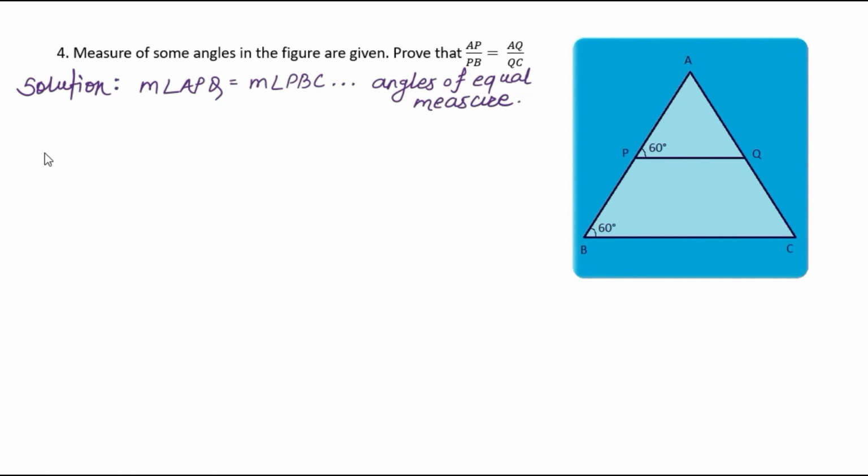Now, segment PQ is parallel to side BC. So why I am writing this? It is according to corresponding angle test.